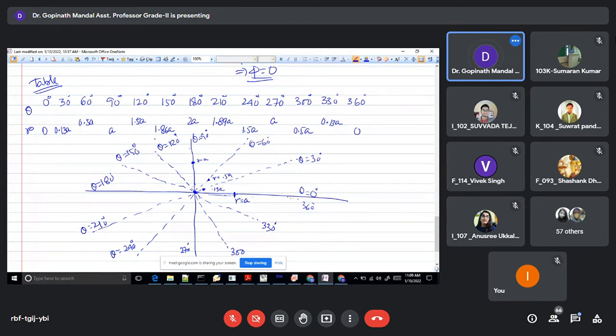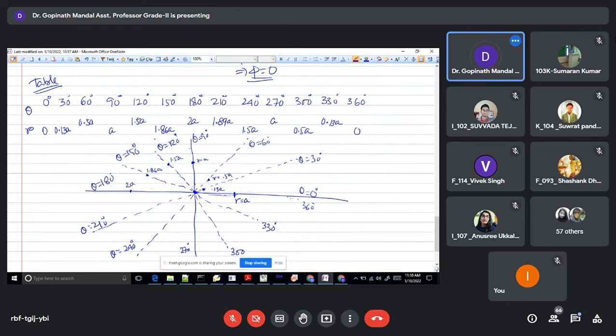Then at 120, 1.5a will be here. At 150, 1.86a, here. At 180, 2a will be here.